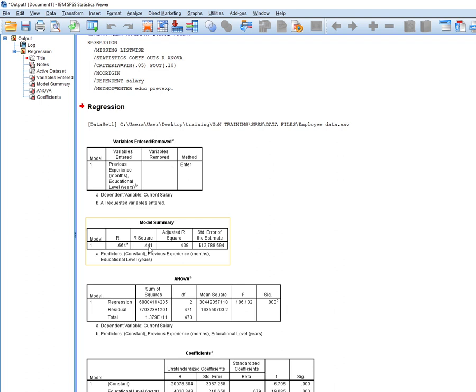Let's do that again. First, you convert the coefficient from a floating point to a percentage.